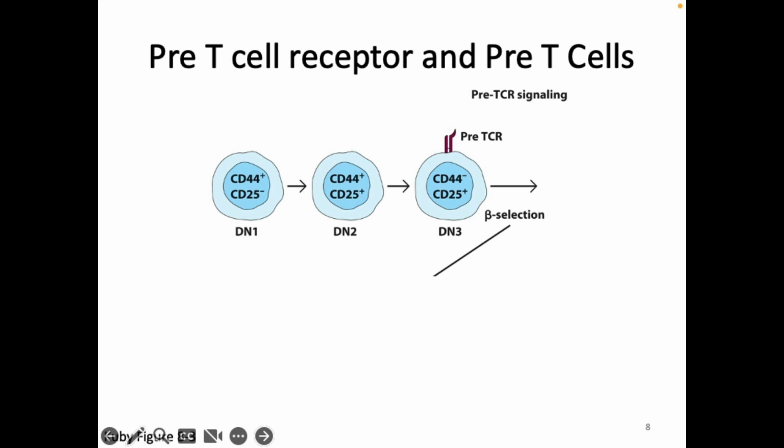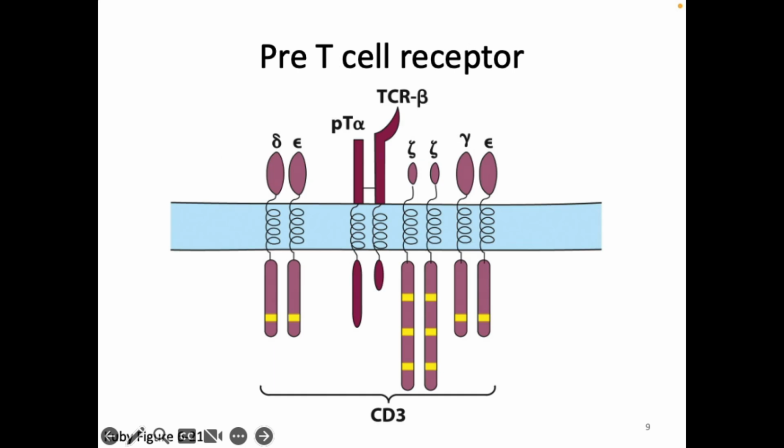Just like in B cells, we need to have a surrogate light chain binding to the heavy chain as part of the pre-T cell receptor because we have not yet made a light chain. So we can't pair the heavy chain with the light chain because we didn't make a light chain yet. So we've got to have some kind of surrogate light chain. The surrogate light chain is shown here and is listed as PT alpha.